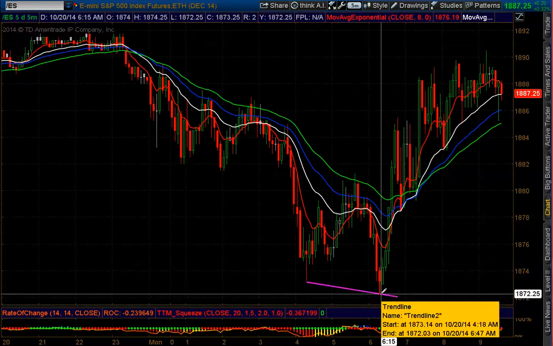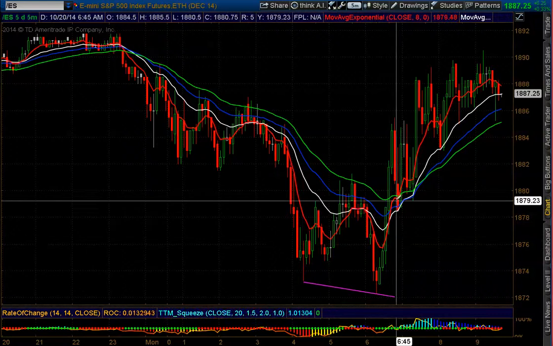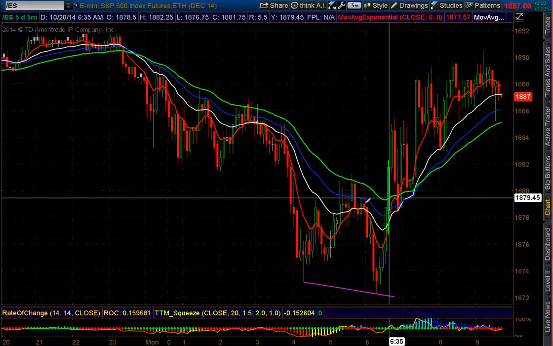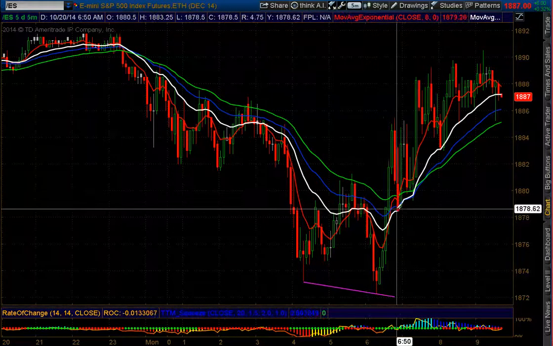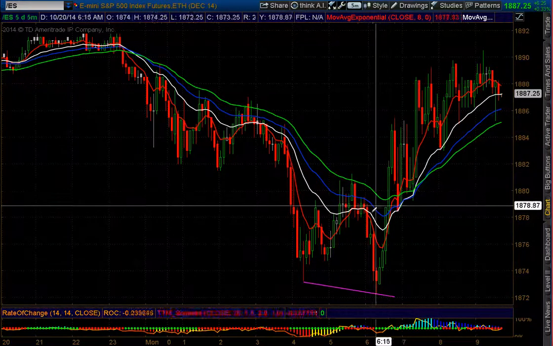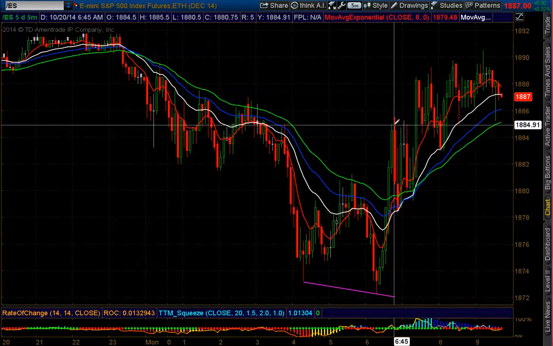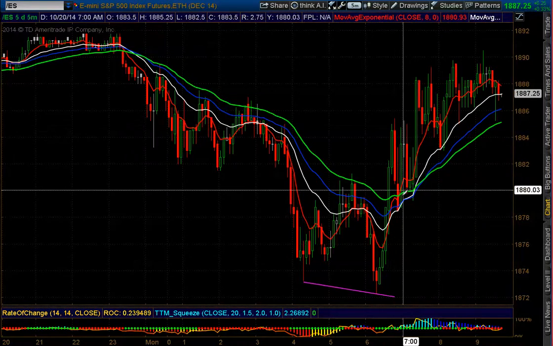Okay, so now we have an extreme. So we're looking for a cycle reversal. Here, price goes back up to a moving average, but what happens this time that's different? Exactly. Price broke through all of this resistance and it went above. So this is a very powerful indicator that a reversal of trend has occurred. It came once again back down.